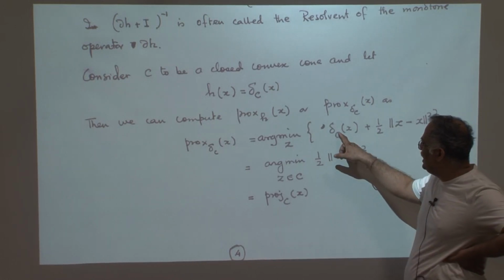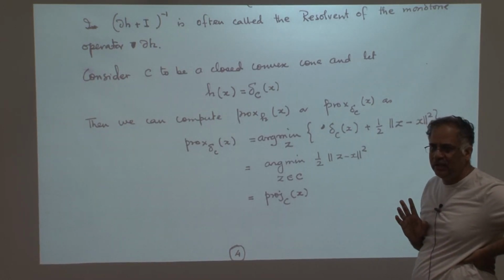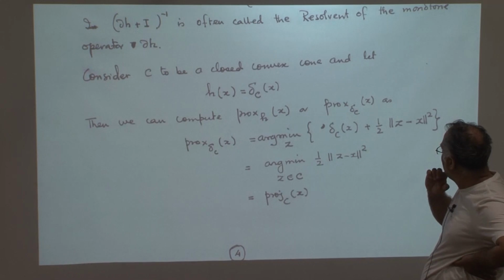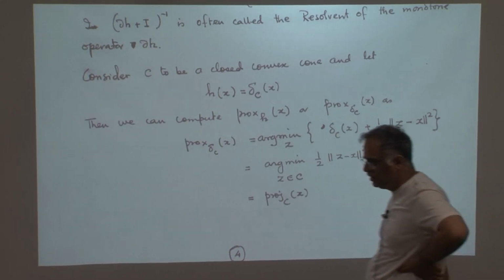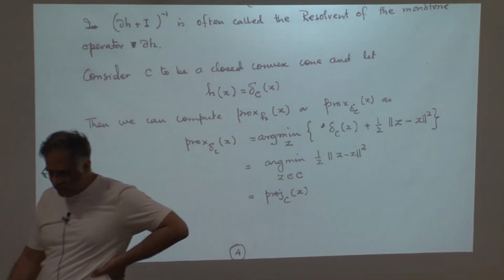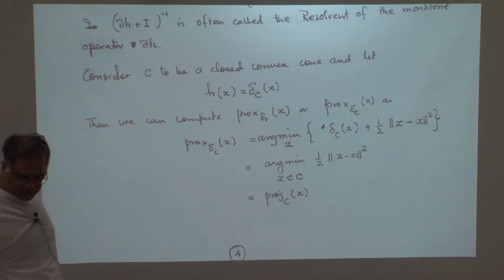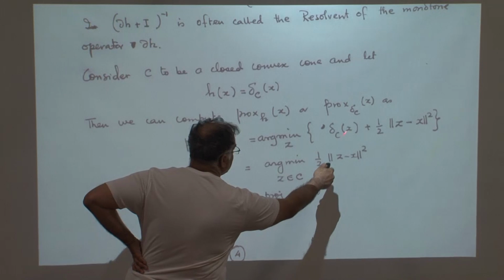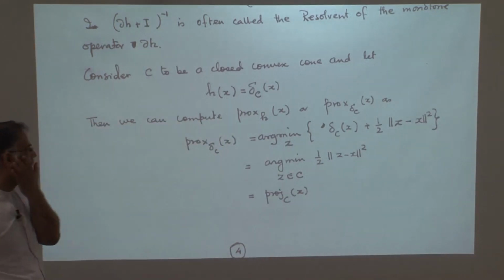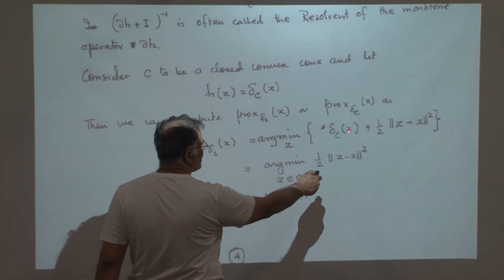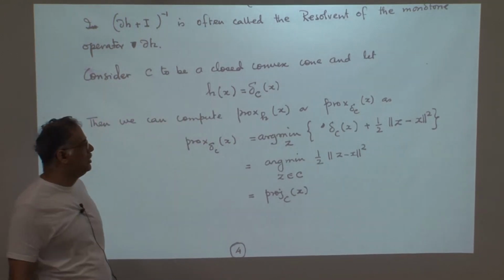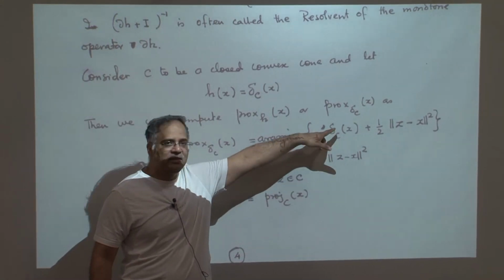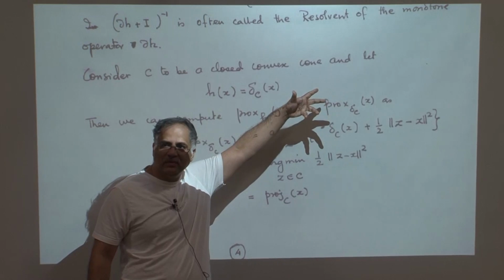The del C x that you see here is a function of z, so these are z, it is not x. So when z is in C, this is 0, but when z is not in C, it is plus infinity.